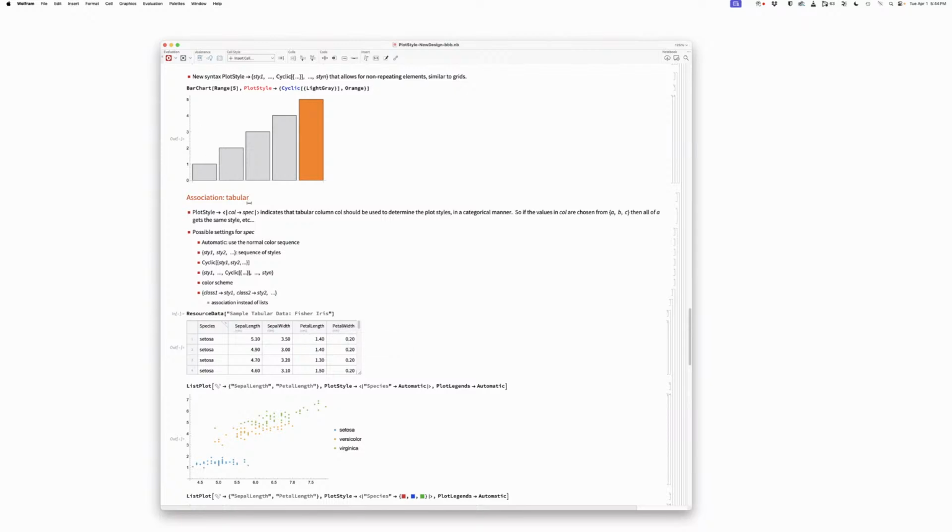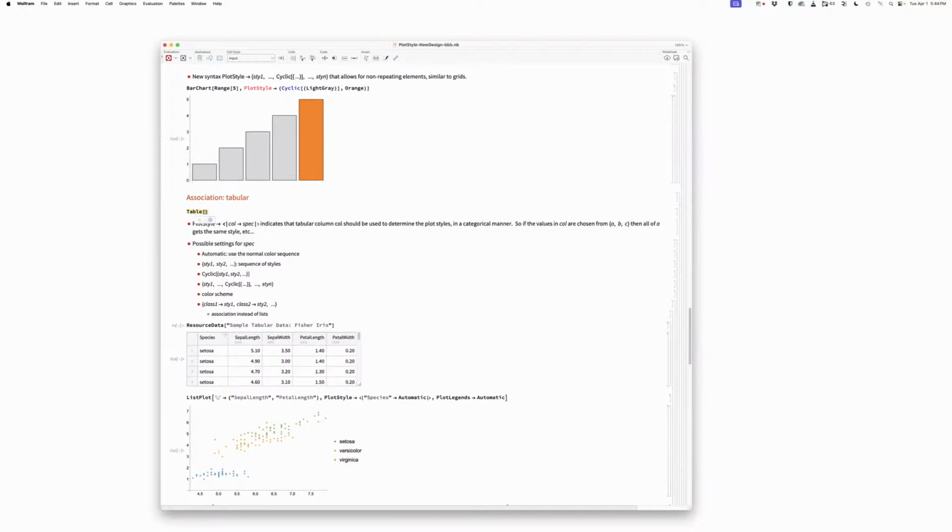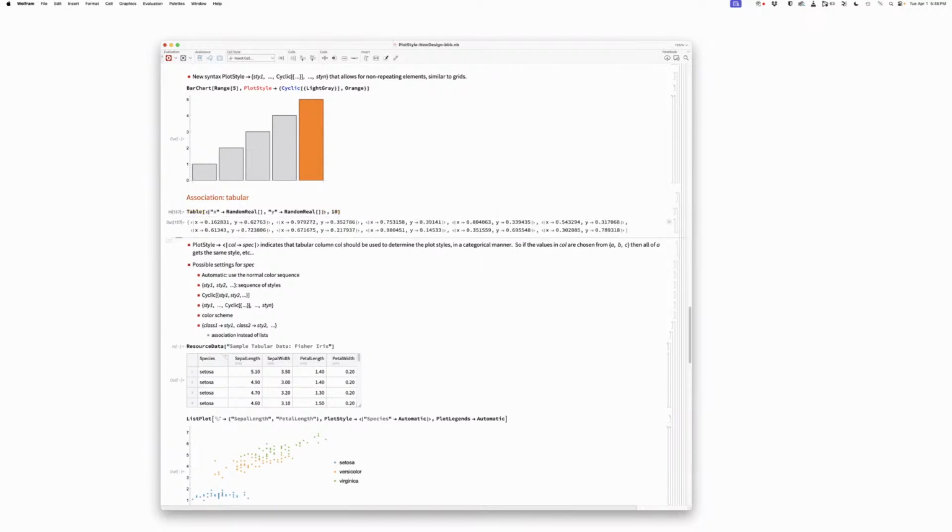Well, let's say you're bringing in a data set, or a tabular, that we refer to. That species in the option refers to that data, to that tabular. Okay, I got those things.